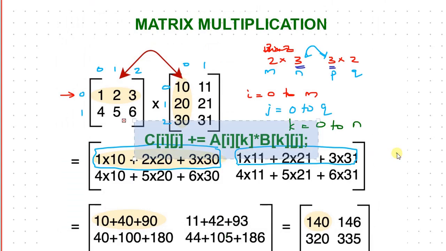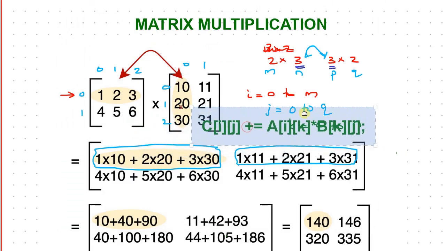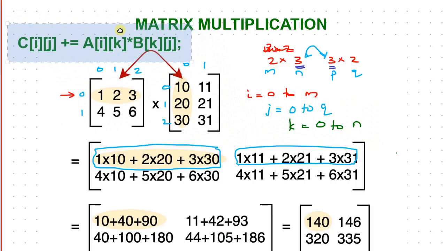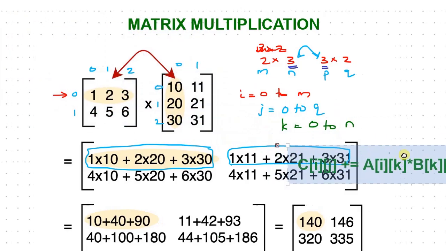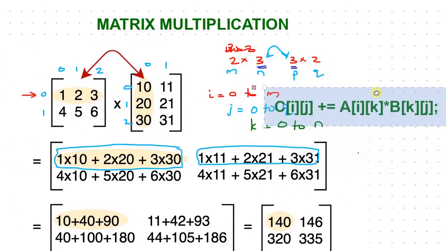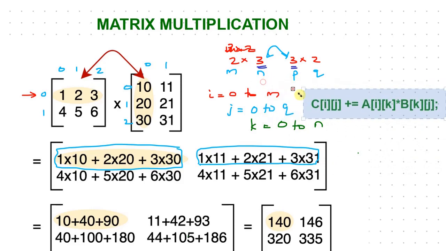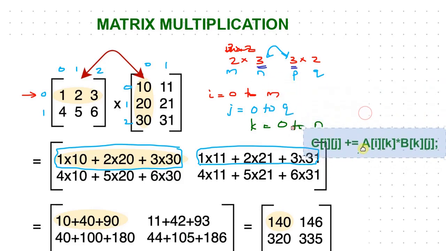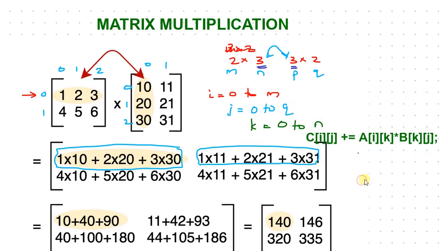So here, okay, I'll just paste it over here. Okay, so here what we basically do is we are varying the value of k. Let's take the example of the first one. Okay, so here the i value remains 0.